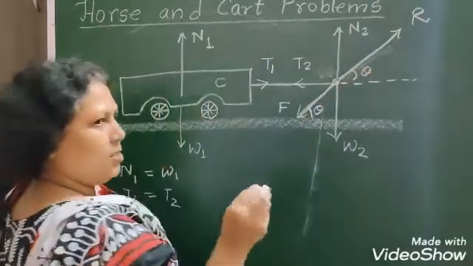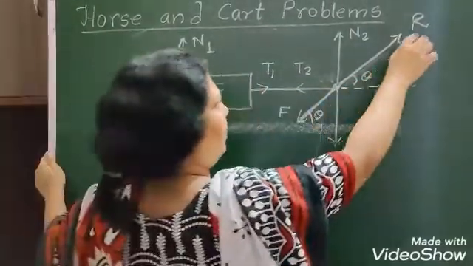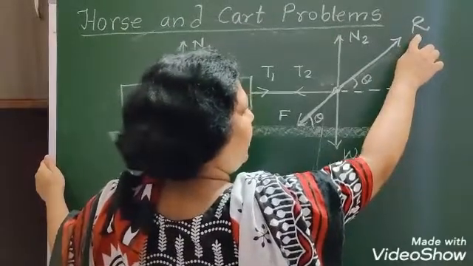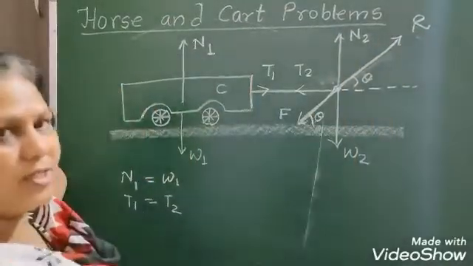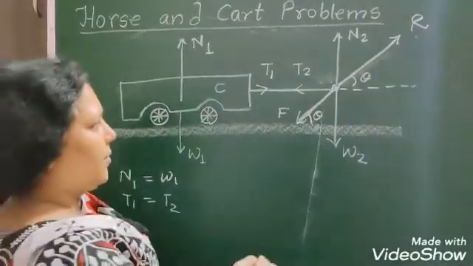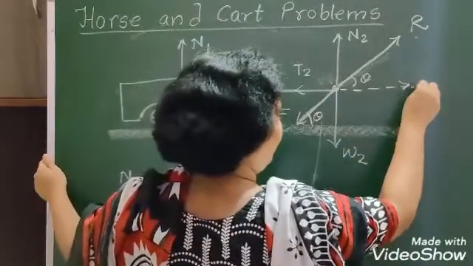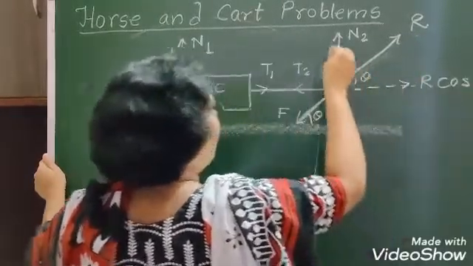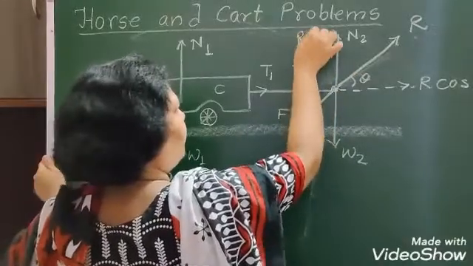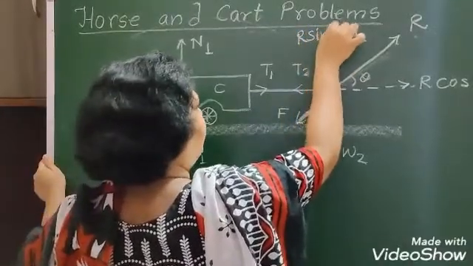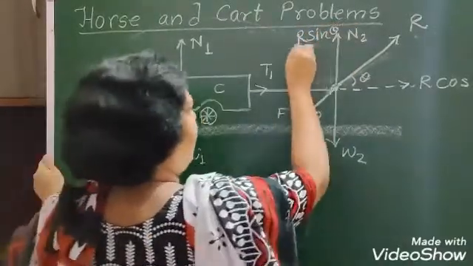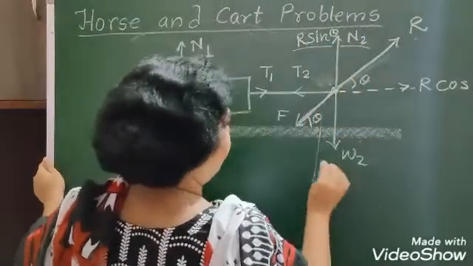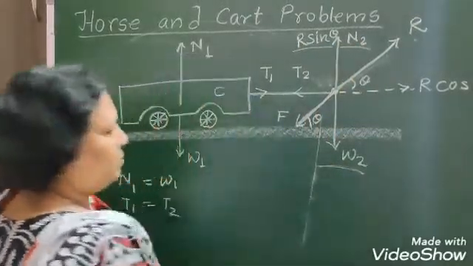Now you are in a position to resolve this reaction force into horizontal and vertical components. The horizontal component is R cos theta, and the vertical component is here R sin theta.